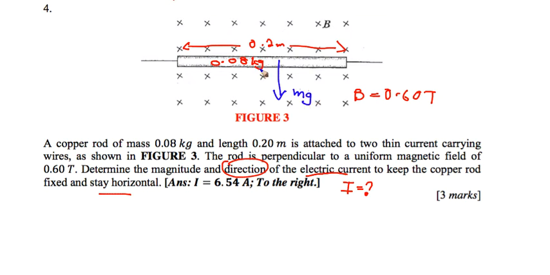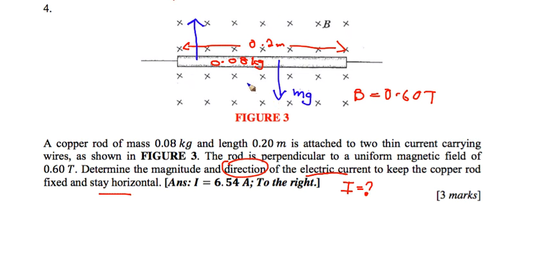To keep the copper rod fixed at the position like this, you must have an extra force on the rod to overcome the weight force mg downward.